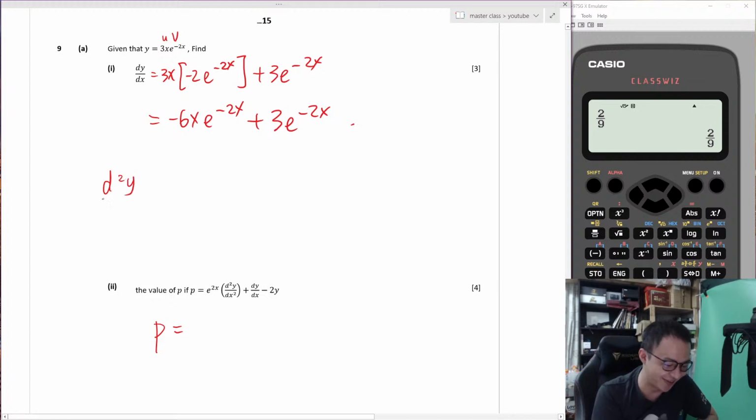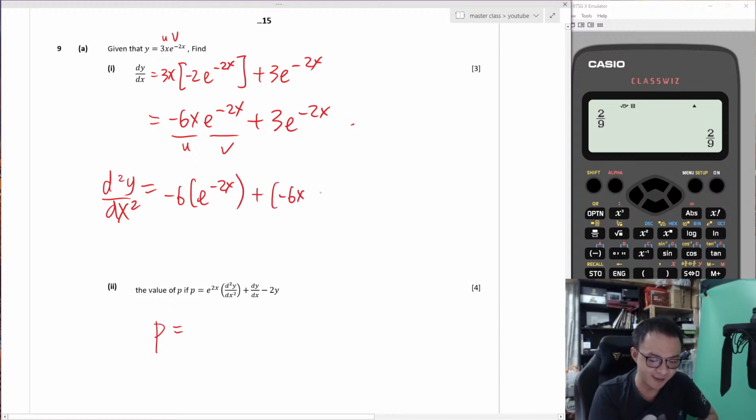Okay, do a second derivative here. Okay, another product rule here. This is u, this is v. So negative 6x, or never mind, differentiate u first. So here is e negative 2x. Then plus negative 6x. Then this one I differentiate, I get negative 2e negative 2x. Then I differentiate this one, negative 6e negative 2x.